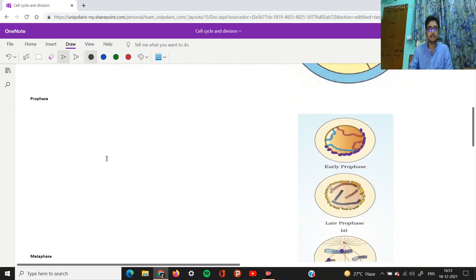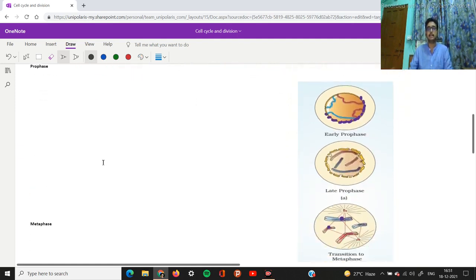As we already studied, there is a DNA replication that takes place in S phase. So it happens in the form of a thread, a chromatin thread. Now this chromatin thread is completely entangled with each other. It's not properly aligned.